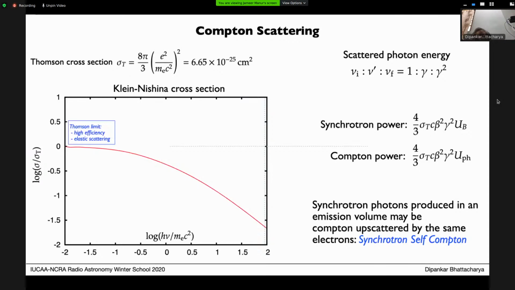And interestingly, such similarity also exists in the expression for power. I have already mentioned to you the synchrotron power is equal to 4/3 sigma T c beta squared gamma squared times the energy density in the magnetic field. The Compton power is practically the same, with the energy density in the magnetic field replaced by the energy density in the photon field.